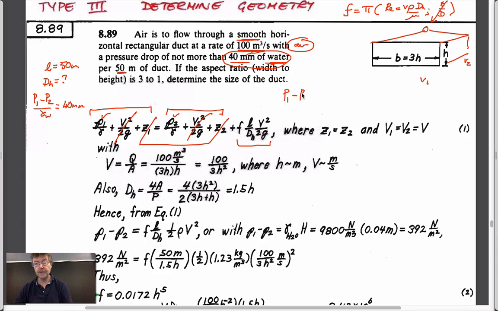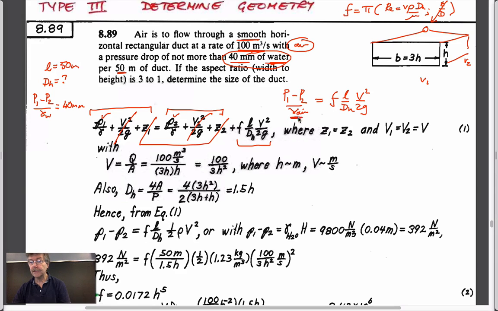P1 minus P2 over the unit weight of air in this expression, right? This is unit weight of air, is equal to friction factor, length over equivalent diameter, hydraulic diameter, velocity squared in the duct over 2 times gravity. This is really important.